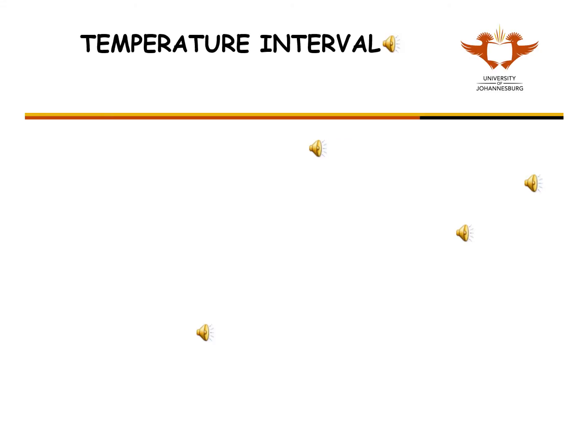An interval can be an increase or a decrease. For example, the temperature increased by 100 degrees centigrade. The two meanings follow now.